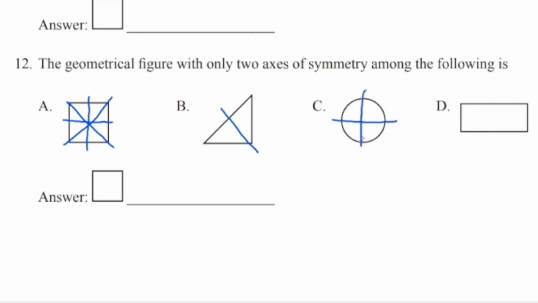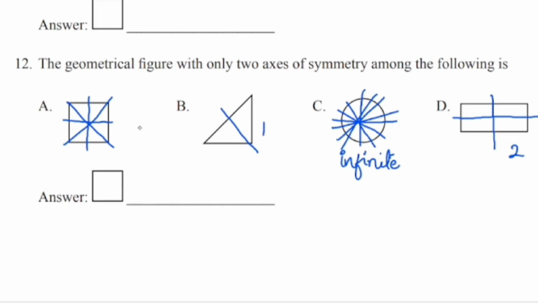For the circle, there are infinite axes of symmetry. And lastly, for the rectangle, we have 1, 2. So the correct option is D. A rectangle has two axes of symmetry.